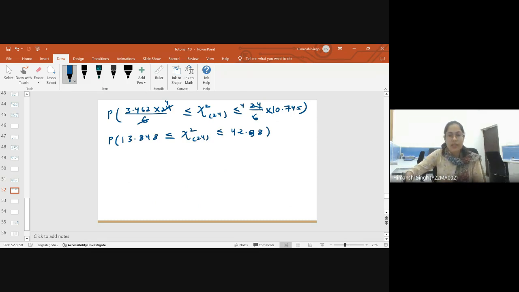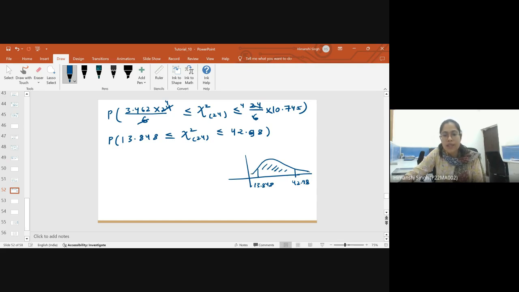So this is basically the chi-square distribution. Let us consider that this point is 13.848 and this point is 42.98. We need to calculate this area.